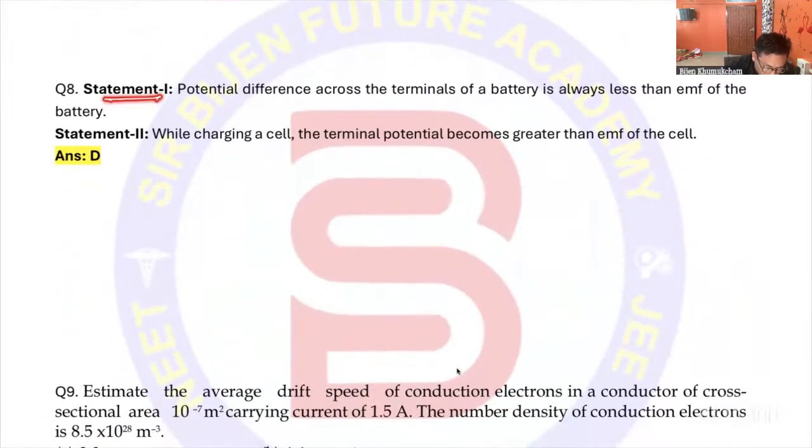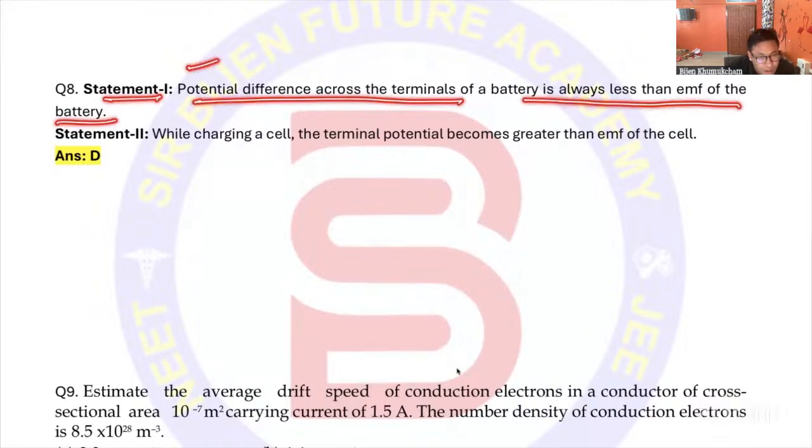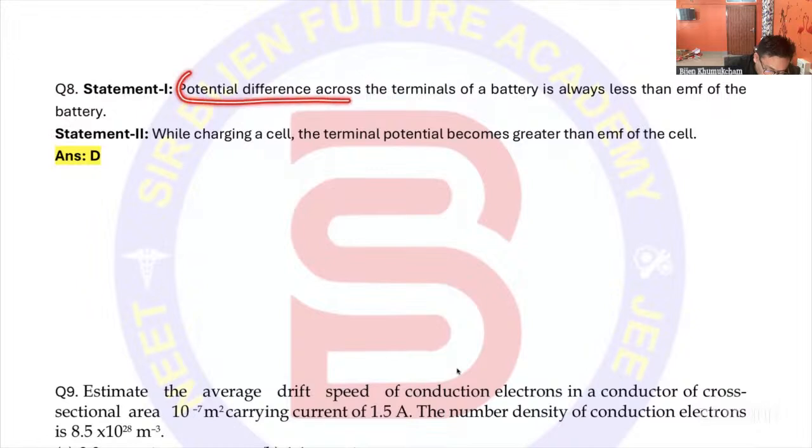Question number 8. Potential difference across the terminals of a battery is always less than the EMF of the battery. It is not true. There is a terminal potential and this is the EMF, with internal resistance.